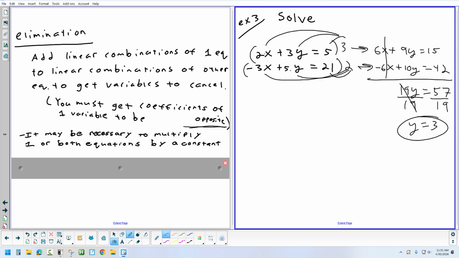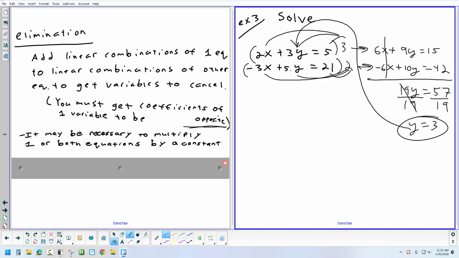Last thing we need to find is x, and we do this just like we did the last problem. Plug that back into whichever equation you think is easiest. Which equation do you want to plug 3 back into? The top one.